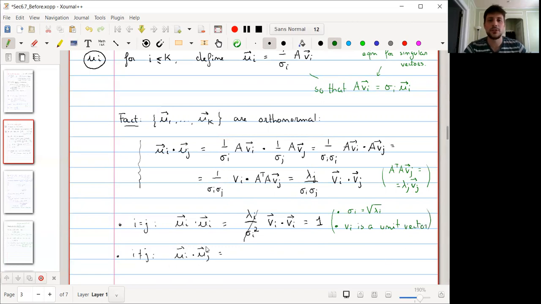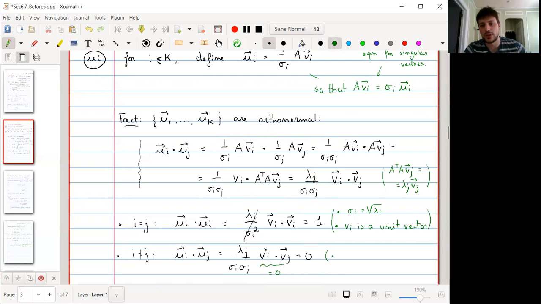If ui is different from uj, so if i is different from j, then we get instead lambda j, sigma i, sigma j, but now we're computing vi dot vj, and vi dot vj is equal to 0 because the vi's are an orthonormal basis.